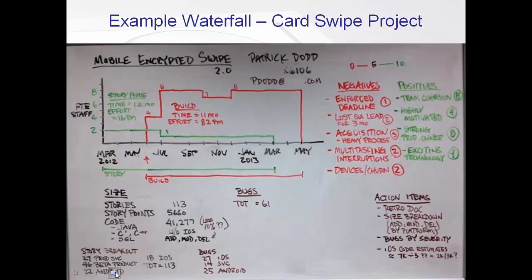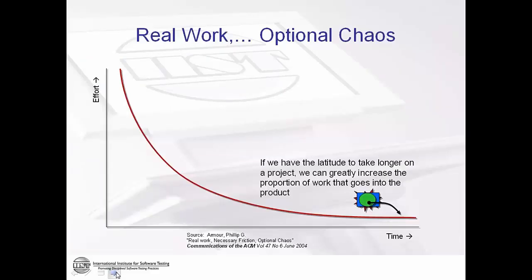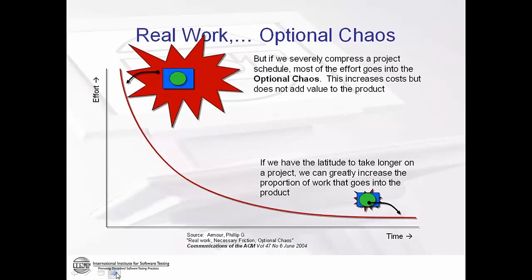And it really comes down to how do we deal with speed. Because in response to schedule pressure, which QA is going to be staring at when the deadline looms, a lot of times what we find is a temptation by some companies to do something that creates what we call optional chaos. When we severely compress a project, we might try to cram in too much scope in too short of a time.